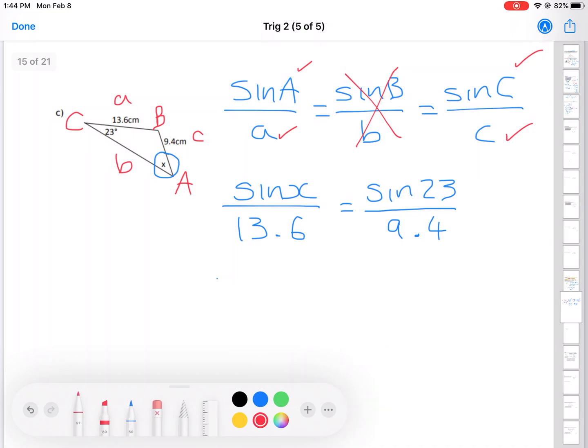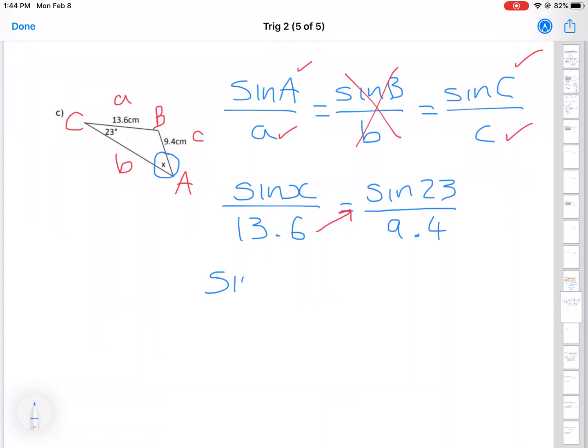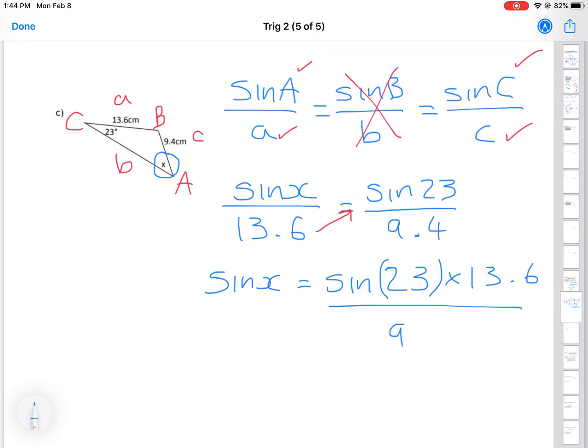Just like we did before, we can multiply up the 13.6 to leave us with sine x equals sine 23 times that by 13.6, and then divide everything by 9.4.